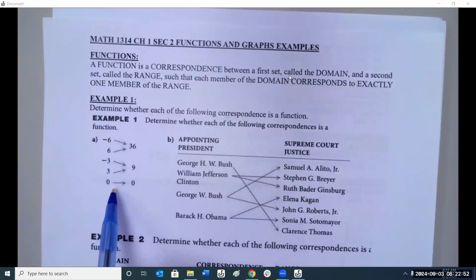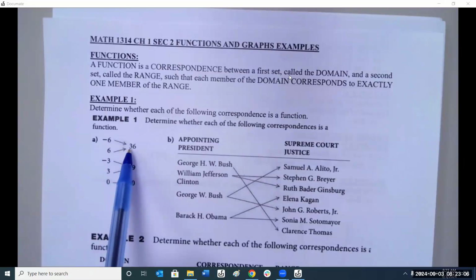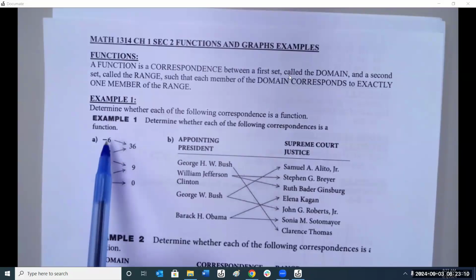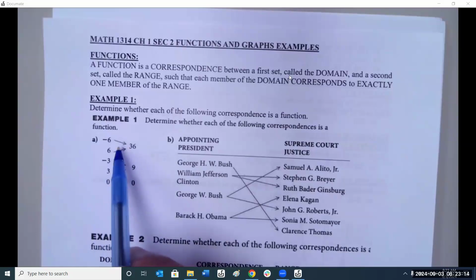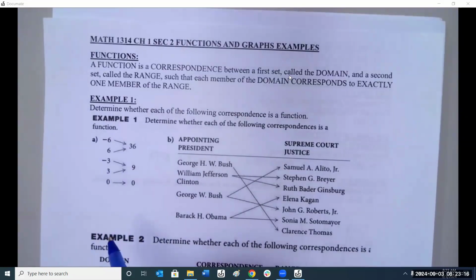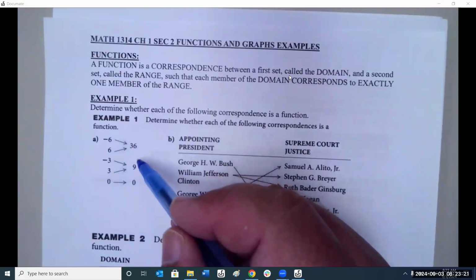So let's look at our first example here. Is this a correspondence? Here's the x, here's the y. Yes, this is a correspondence because each person here sends to only one person here. In other words, are there two arrows coming out of any of these? No. All of these could be sending it to the same person. Think of a classroom. These are the students, these are the instructors.